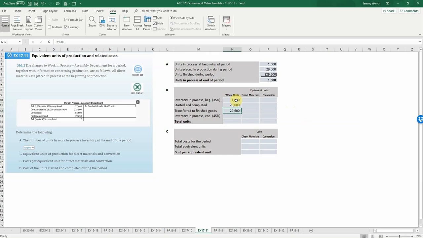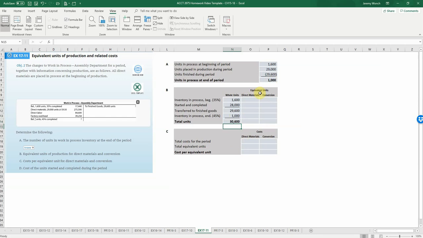We have 28,000 that was started and completed, so we just have to back into that number. Then inventory in process at the end, we already calculated up here. That's going to be 1,000. And so our total units will be the sum of the two, so 30,600.